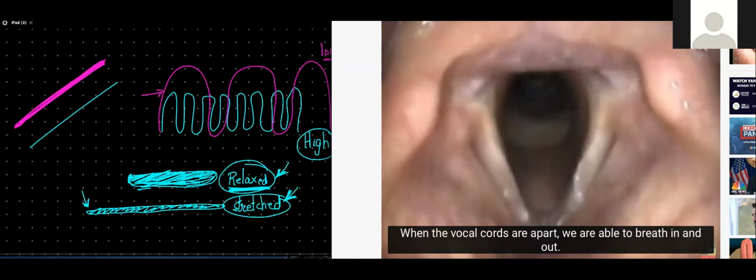And also, like Hanan said here, as you get older, the cords are going to be slightly thicker, so you're going to have a deeper voice as you get older, especially seen in females. Does this answer your question?